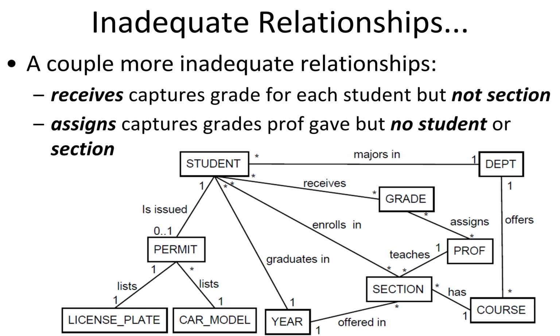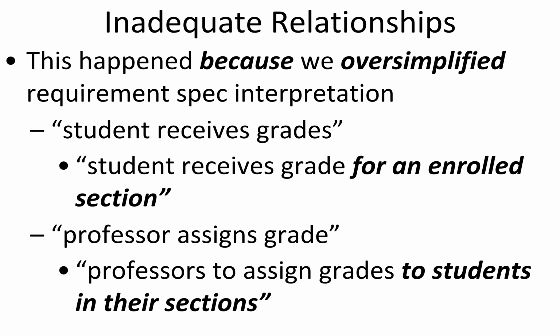The reason we might have painted ourselves into this problem is that we oversimplified when we were reading through this. For instance, we only read as far as saying that a particular student receives a grade. But we should have read a little further. It said something like student receives a grade for a particular section they enrolled in.